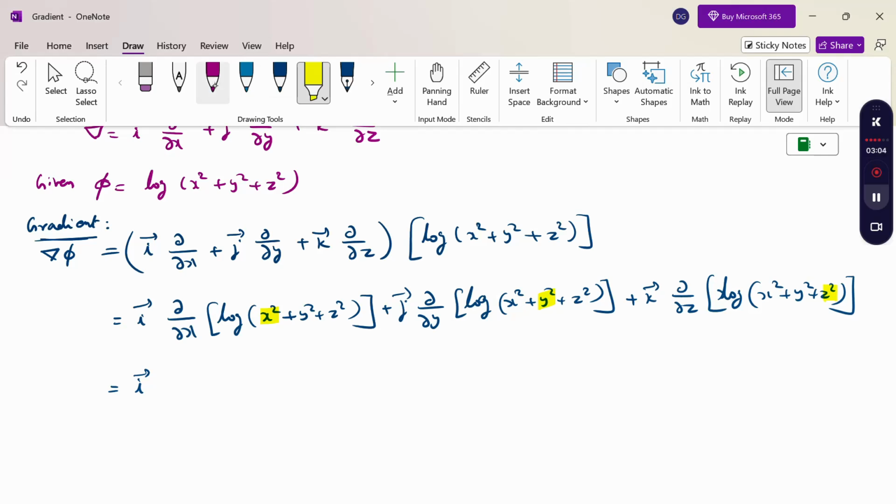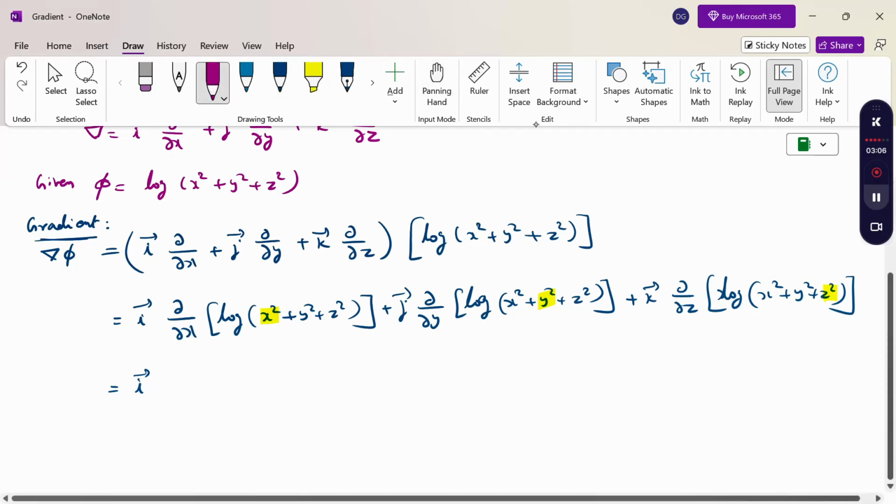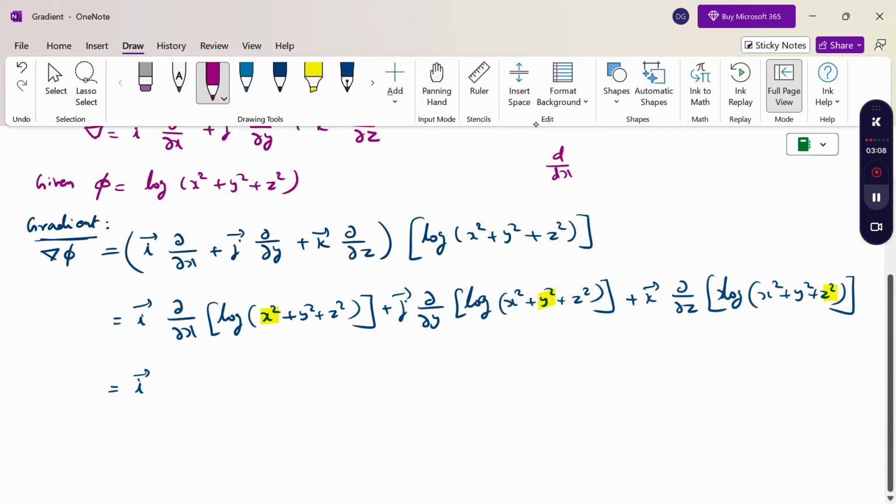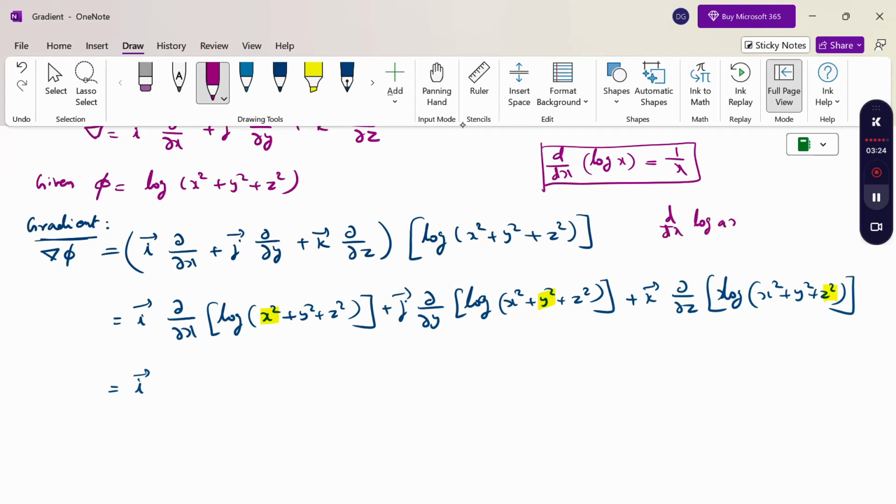So when we differentiate, normally d by dx of log x, what is the derivative formula? Log x gives 1 by x. Suppose the form d by dx of log ax, then it is 1 by ax times the derivative of the variable part.